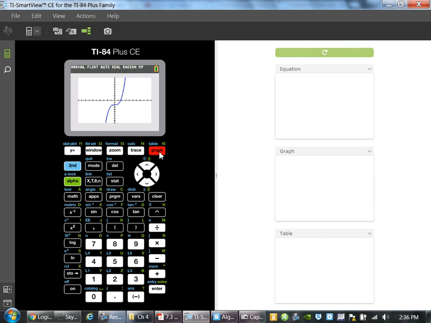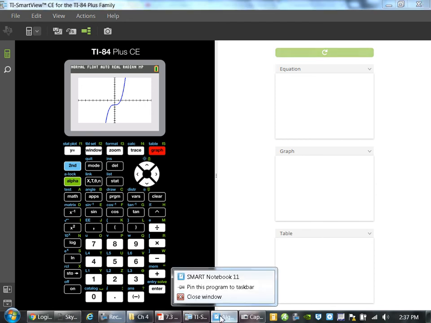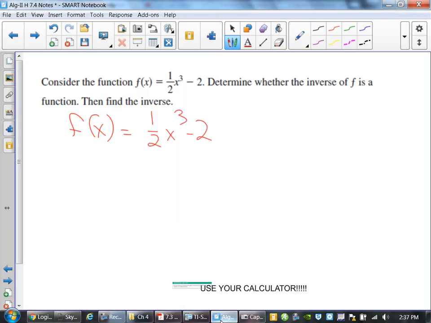There's no horizontal line that's going to touch that graph in more than one spot at a time, which means the inverse will exist. So I can go ahead and find the inverse. And I work backwards to resolve for y.